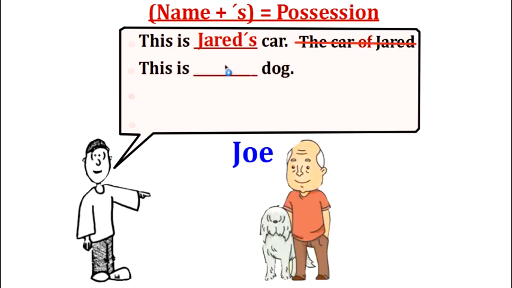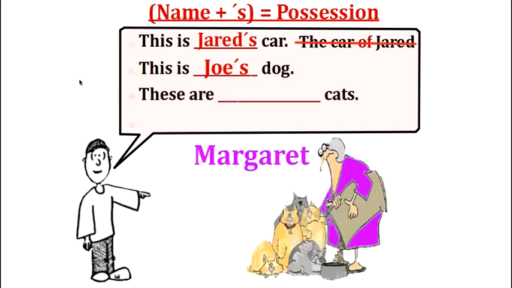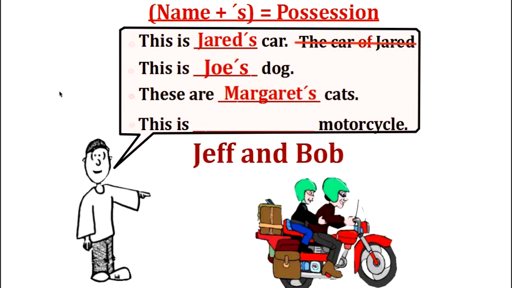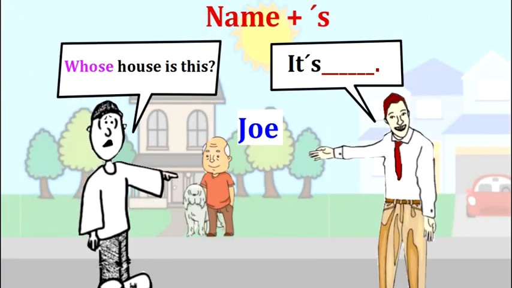This is Joe's dog. These are Margaret's cats. This is Jeff and Bob's motorcycle. Very good. Okay, so let's practice. Remember, we can use a name, apostrophe s, and that is possession. For example, whose house is this?